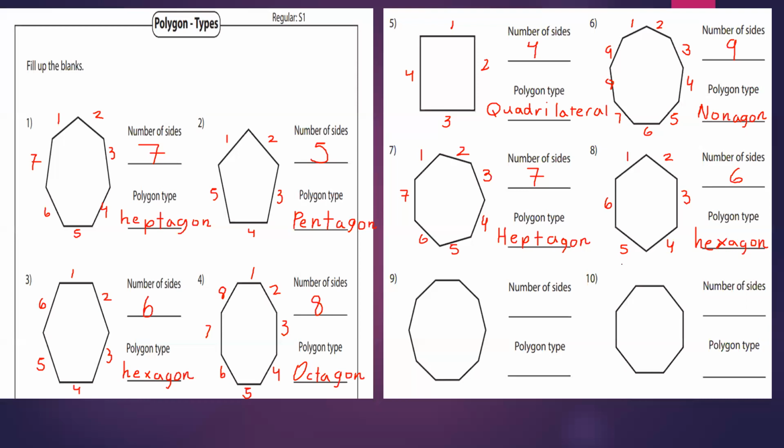For the polygon type I get decagon. Okay, so 1, 2, 3, 4, 5, 6, 7, 8, 9, and 10. So the number of sides is 10, and the polygon type is decagon.